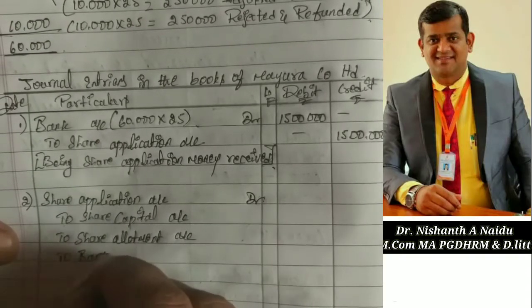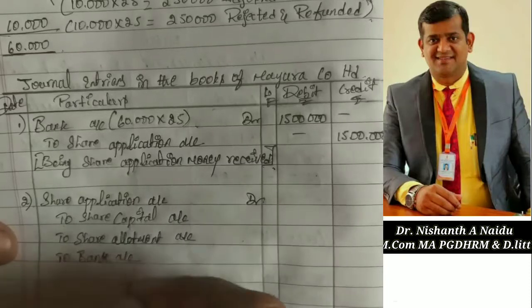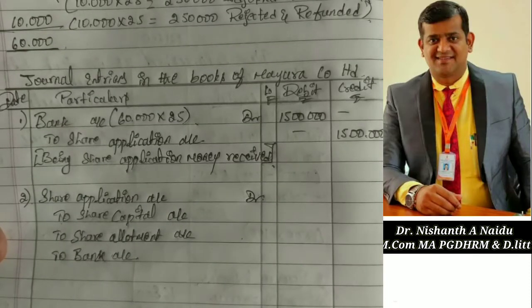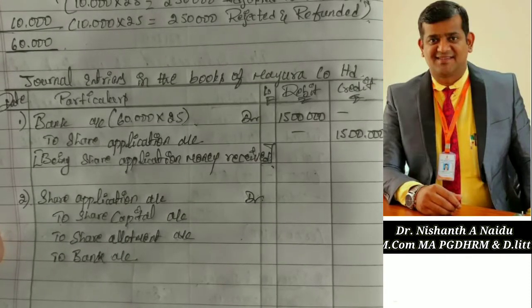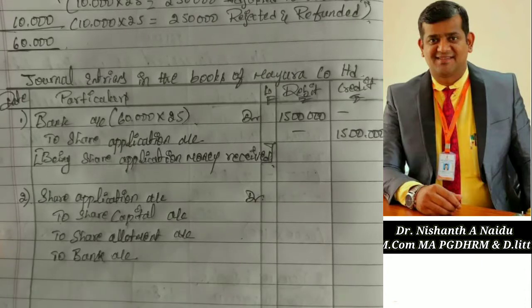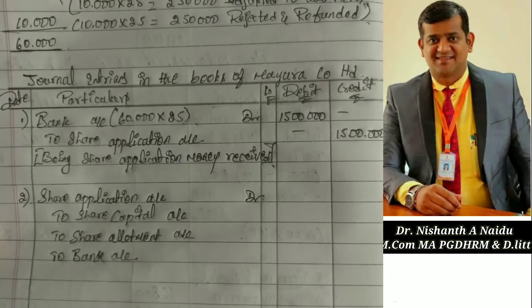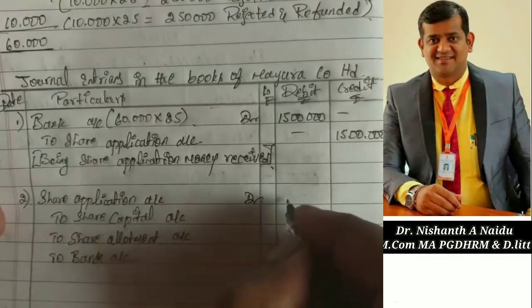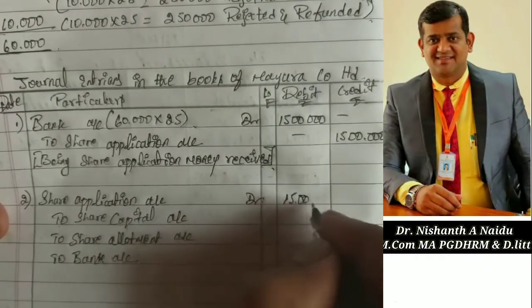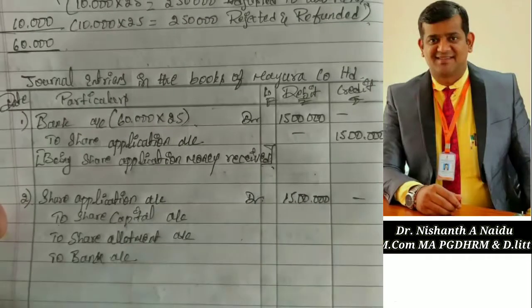So this is the transfer entry since it is a pro rata allotment. When pro rata allotment is there, some part we adjust towards allotment and some portion we reject and refund. So what is the application money? That is 15 lakh rupees. So application account we have received.